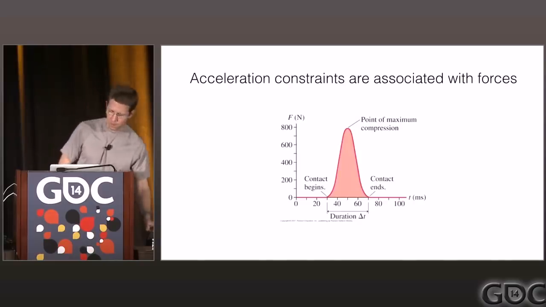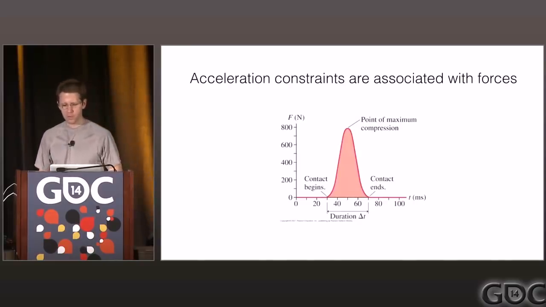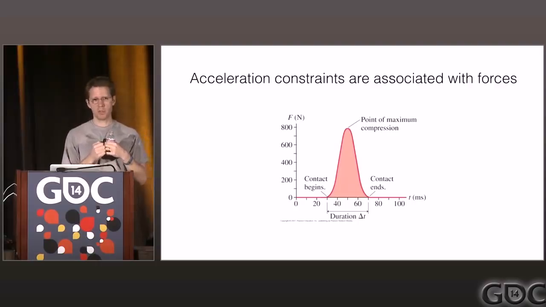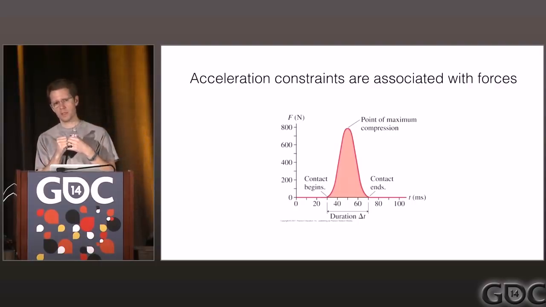But there's a problem. First of all, with a rigid body, when you have collision, the collision happens instantaneously. So that means that actually you would need infinite forces, because you need to be able to change the velocities of those objects instantaneously.